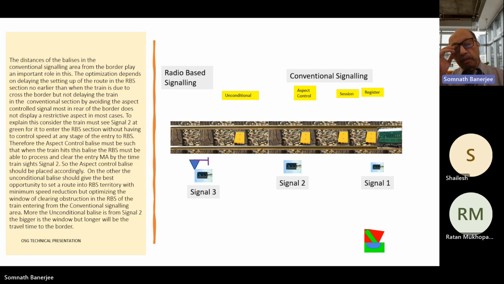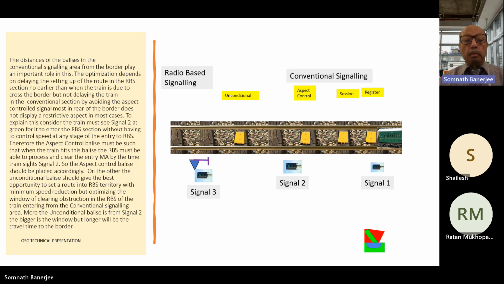Remember that if this conventional signaling system does not have any train protection inbuilt, then the stopping will have to be done by the driver's intervention, and if he fails to do so, it can result in a mismatch and tripping as soon as it enters the radio based signaling territory.